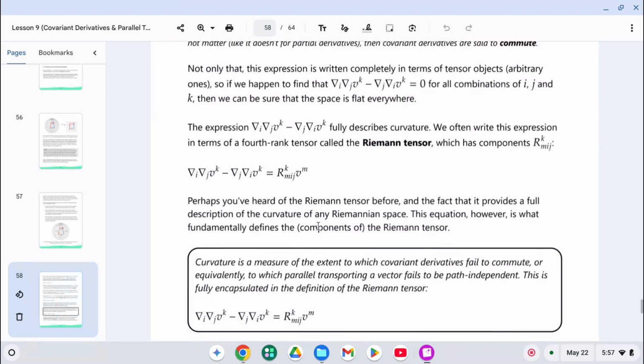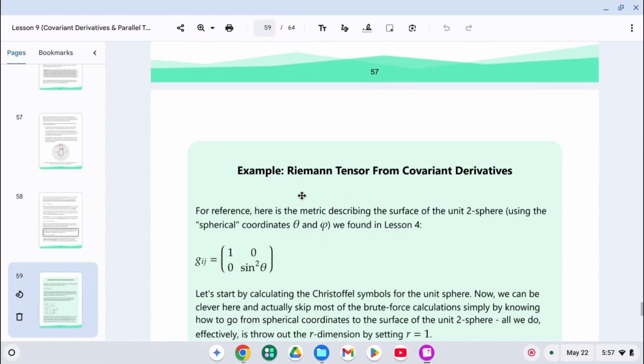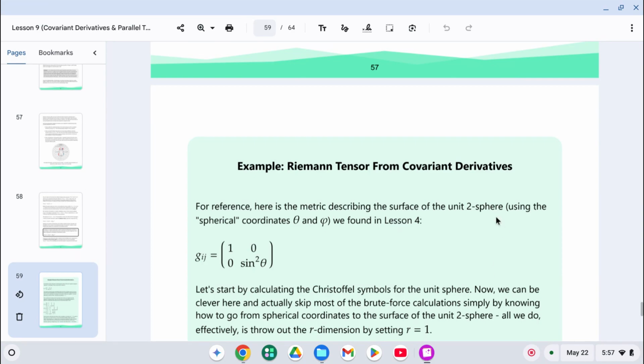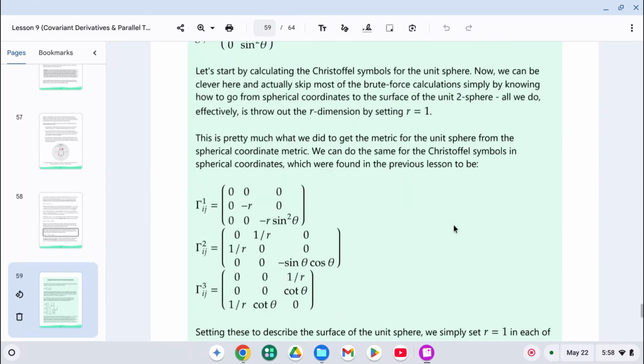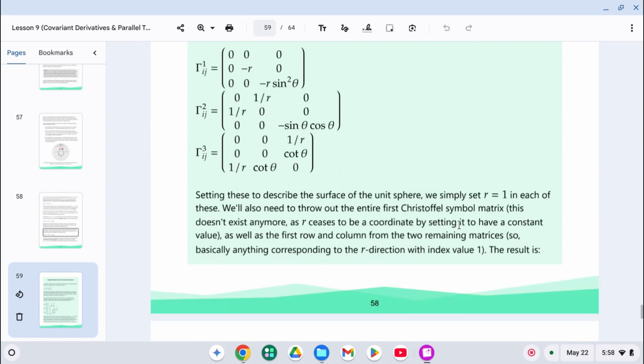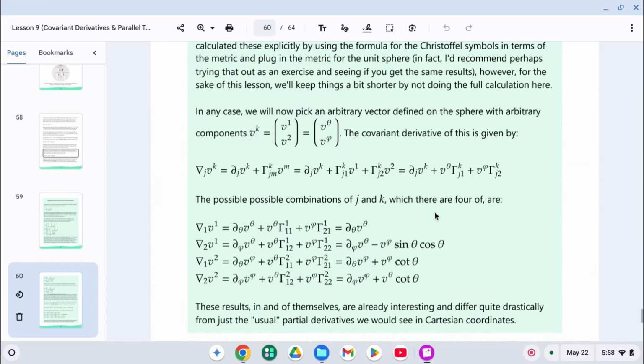Okay. And the part that's really key here to this section is he does an example. Now, this is the two spheres. So you're walking around on the surface of a sphere, and the radius is held constant. Okay, so this is intrinsic geometry, Riemannian geometry, which means it has a metric, and he gives the metric tensor. He goes through. He shows you the Christoffel symbols. He uses the Christoffel symbols to work out the covariant derivatives.